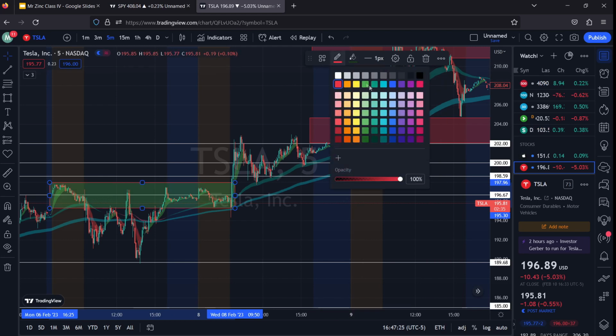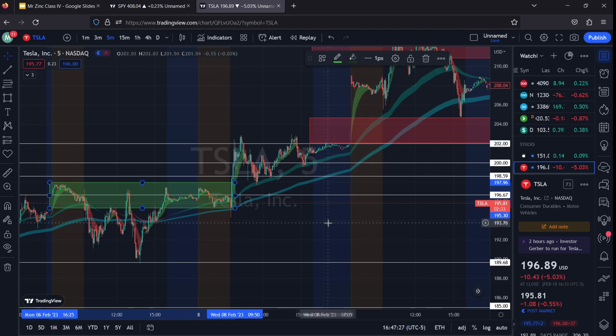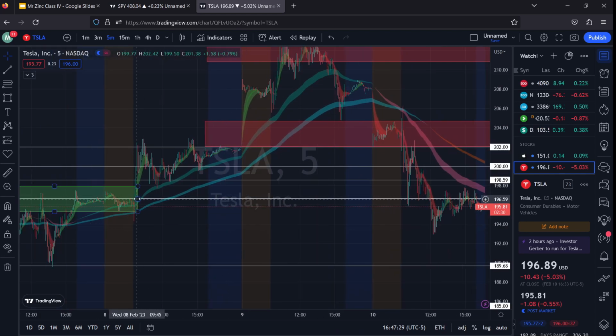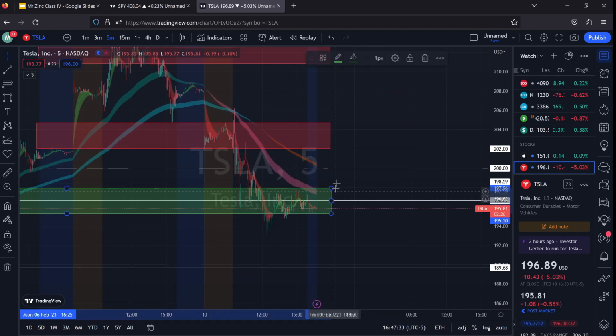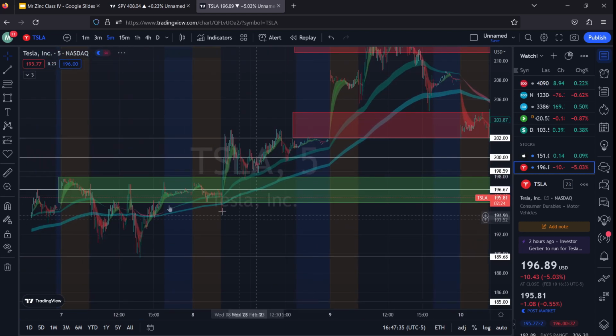Go ahead and make that green because it's below where we're looking right now. Stretch it out all the way to the right, and then you can kind of see how nicely it lines up with everything. So a significant amount of buy orders are placed at 196.67 on Tesla.